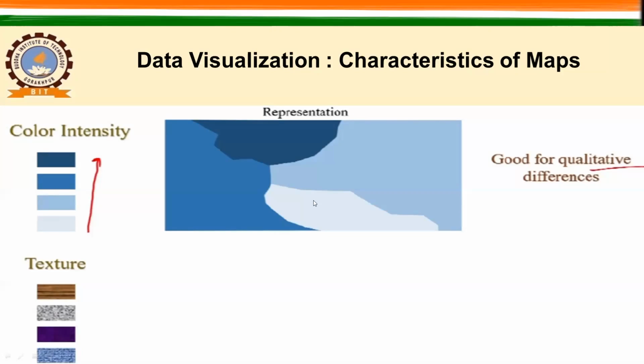So there may not be any, what to say, doubt between this and this. So between the color intensity and our texture, these two things are different. There should not be any such doubt for you between these two, right? So there may not be any doubt. So immediately, if I see this color and the legend, I should not get confused with this. So if you are using this texture, you can use for both qualitative and quantitative data.